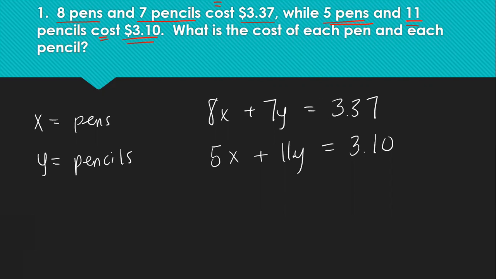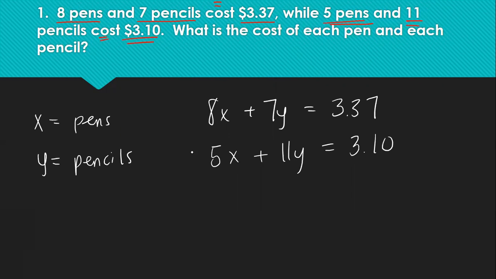Now I get to decide, how do I want to solve this? Do I want to solve it algebraically? Do I want to solve for y and solve it graphically? I'm fine either way. If we choose algebraically, we decide on a variable to eliminate or decide on substitution.